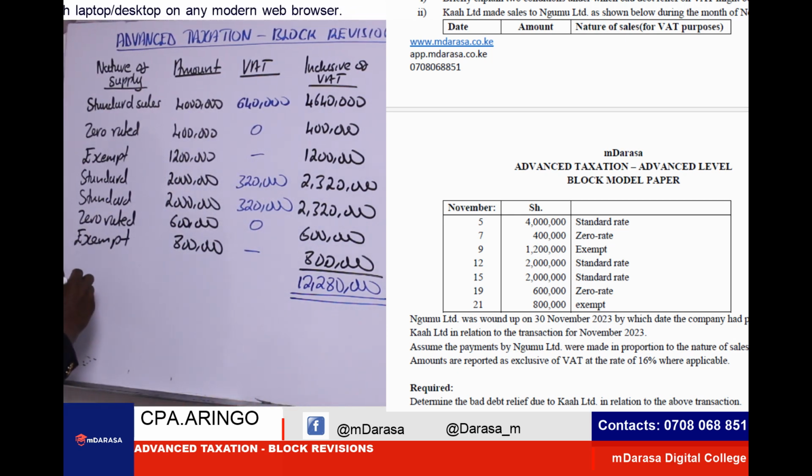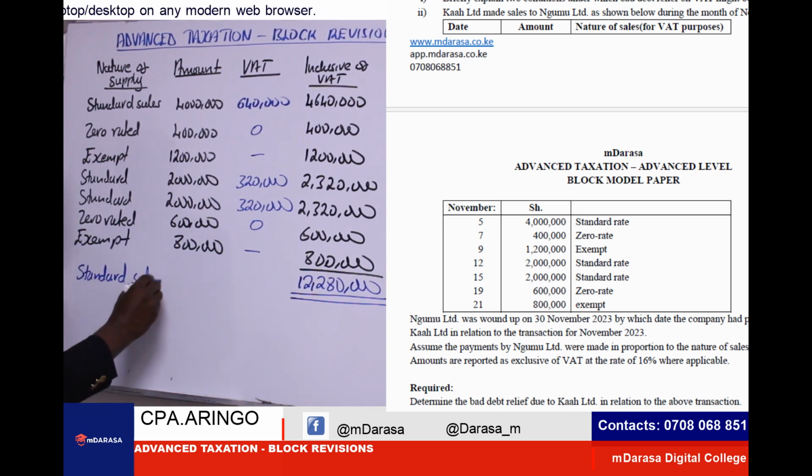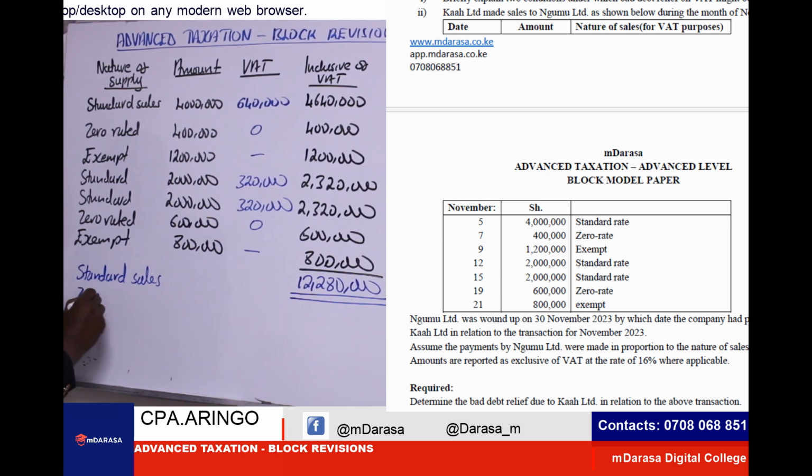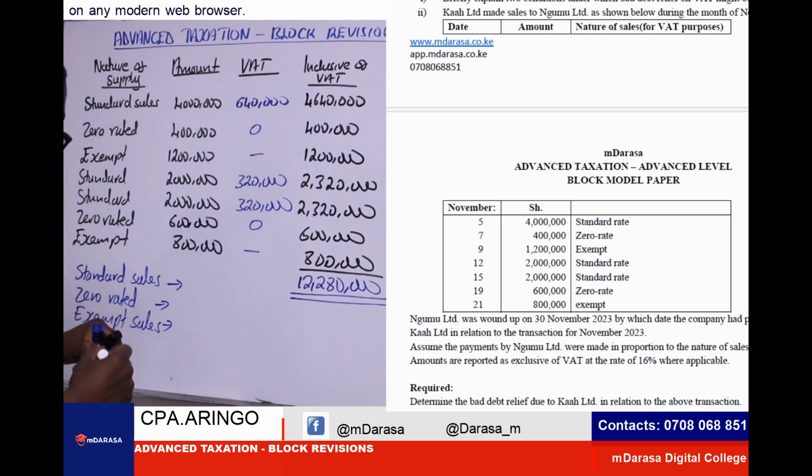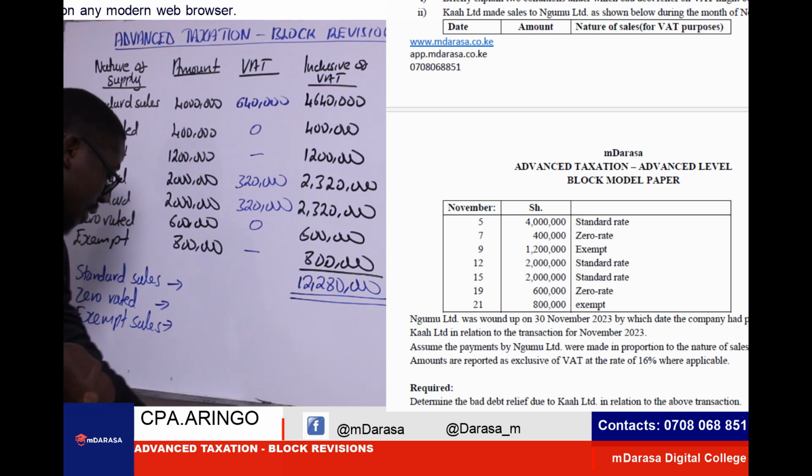Let us determine the total standard sales, the zero rated sales, and then the exempt sales. Of the total value, how much did you have as standard?